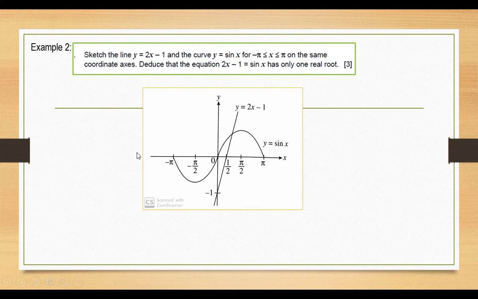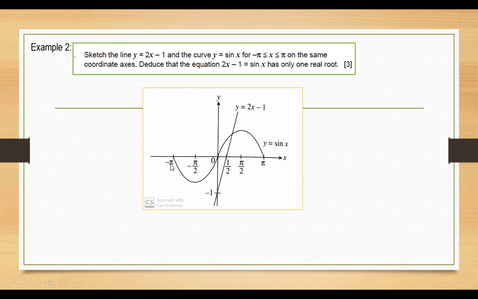Okay, for example 2, we sketch the line y equals 2x minus 1 and the curve y equals sin x, for negative pi to pi.